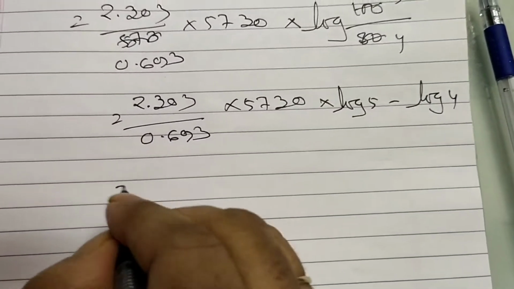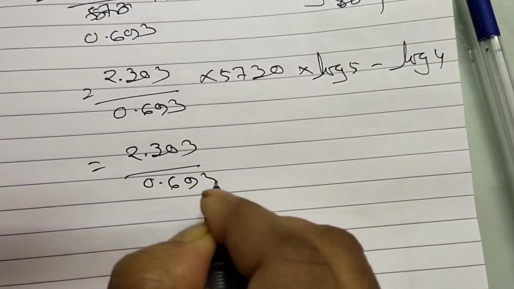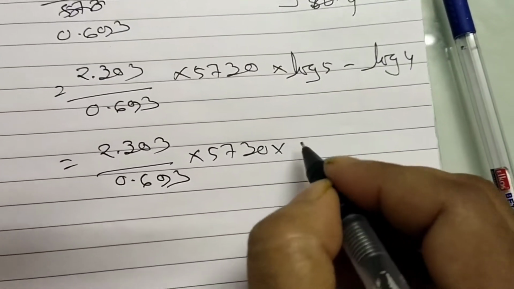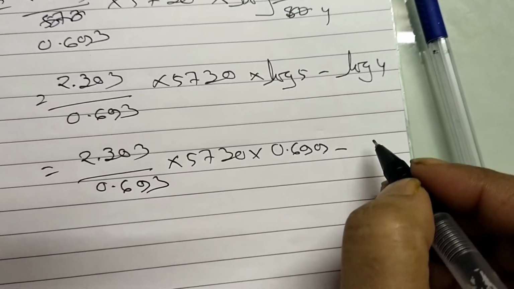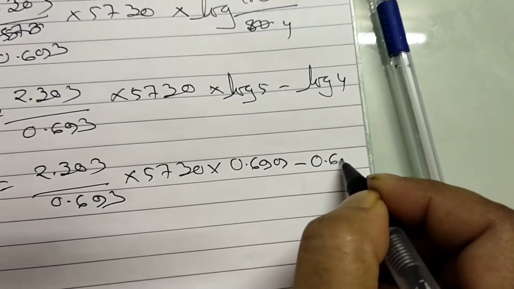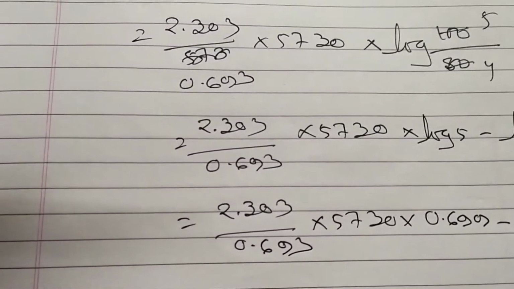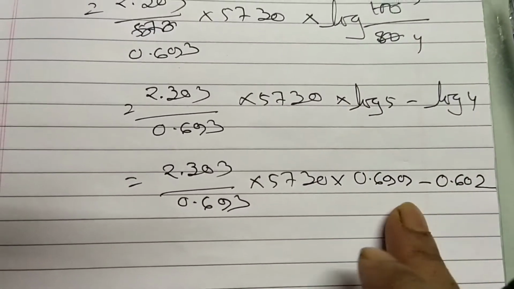Okay, so now it is 2.303 divided by 0.693 into 5730, and what is the value of log 5? 0.699, and what is the value of log 4 here? 0.602. Okay, so what will be remaining here? 0.699 minus 0.602, 0.097 will be remaining here.